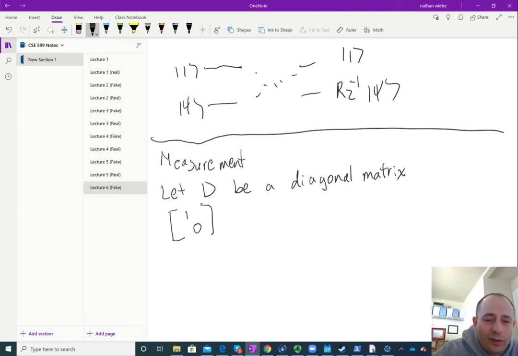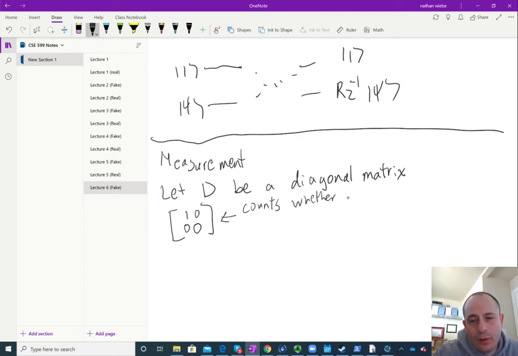We've got 1 and 0. This is the example that I gave previously. This matrix counts whether the input is 0 or not.